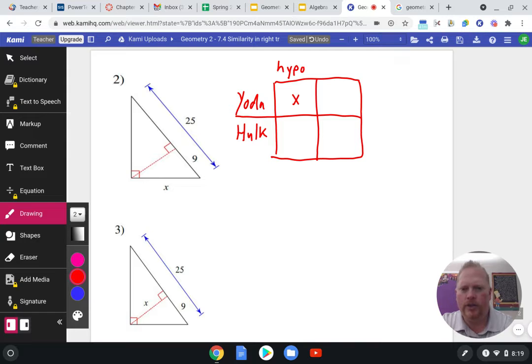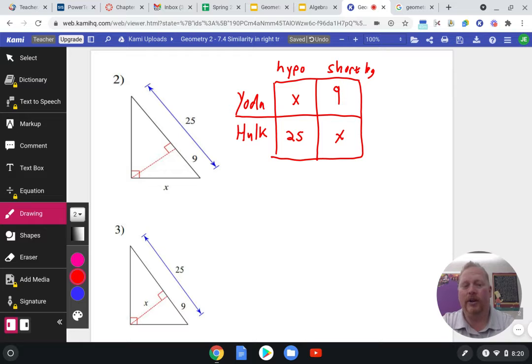And it is also the short leg in the Hulk triangle. All right, this 9 is the short leg in the Yoda triangle. And the 25 is the hypotenuse in the Hulk triangle.